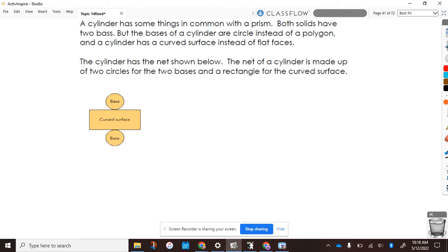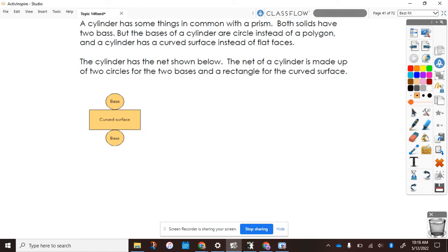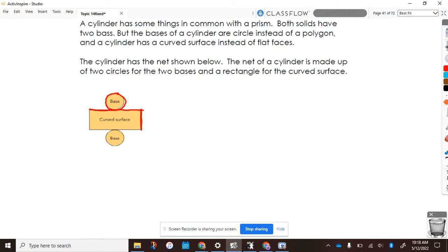What's really fun, and this is actually where the formula for surface area comes from, is that the outside of the circle right here is what lines up with this top side of the rectangle. So if you're looking for the area of this rectangle, you would need the height of the cylinder, the distance in between the bases, and you would multiply it times the circumference of that circle because that's what lines up with it. We'll talk about that in the next lesson. You'll see that that is part of the formula.